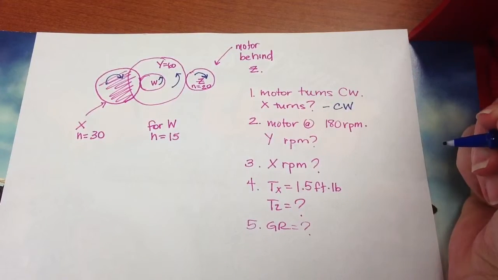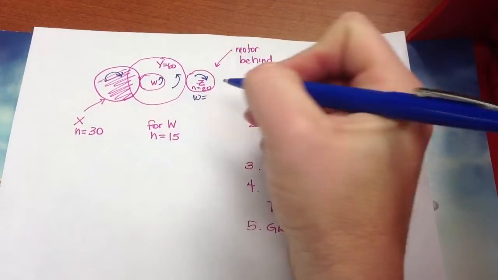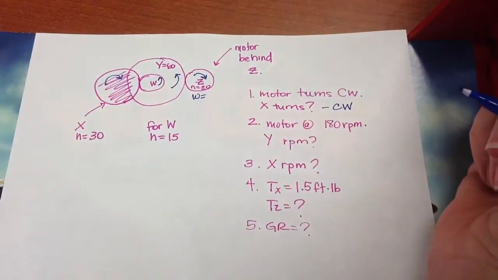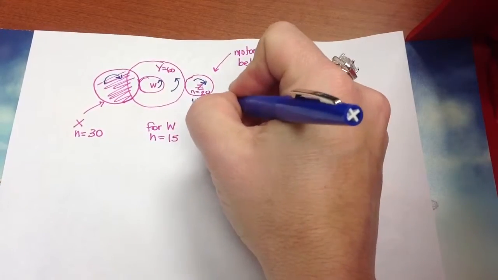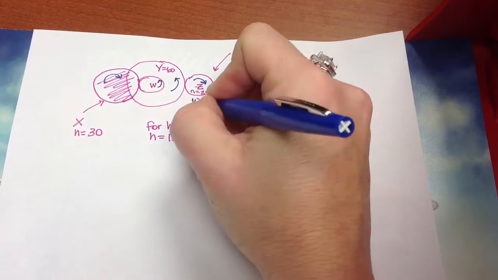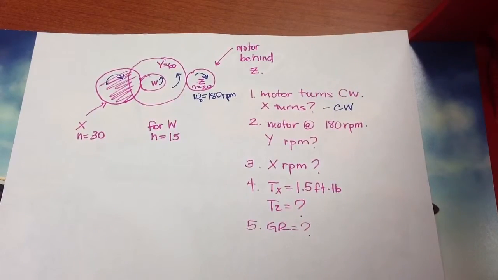All right, the motor is at an RPM of 180. And then we want to know what Y is traveling at.